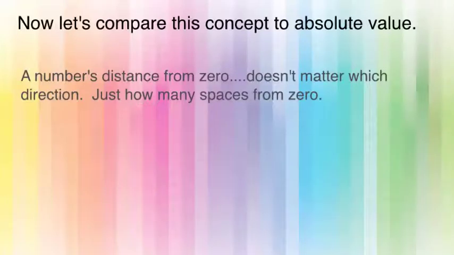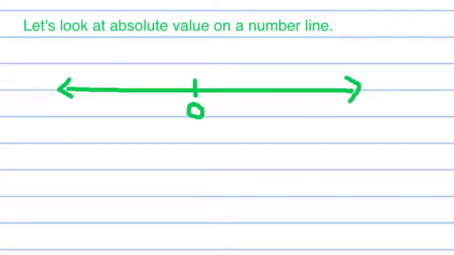So let's go ahead and write the definition of absolute value. And here's your definition. A number's distance from 0. It doesn't matter which direction on the number line you're going, it just wants to know how many spaces from 0 that number is. Okay, so let's look at absolute value on a number line.